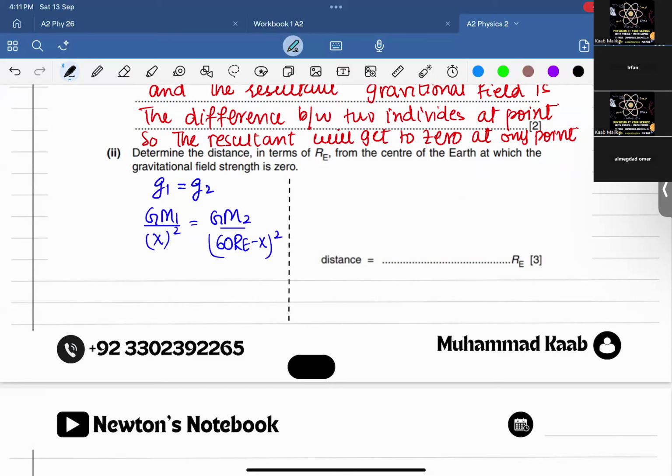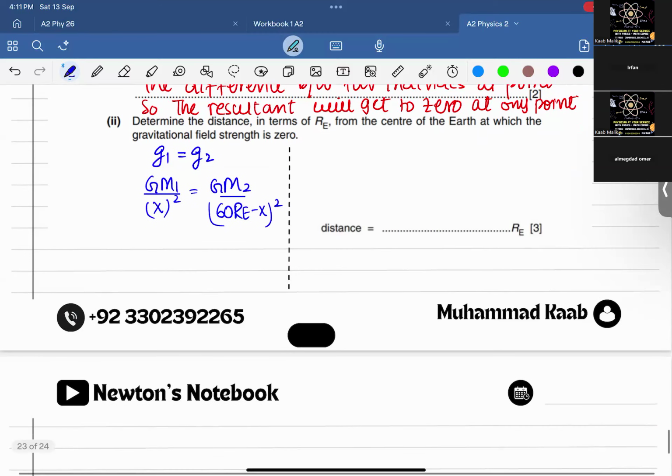Now the G and the G get cancelled out, so M1 over M2 is equal to x squared divided by (60 RE minus x) whole squared.